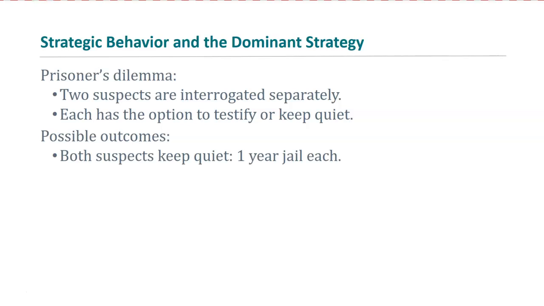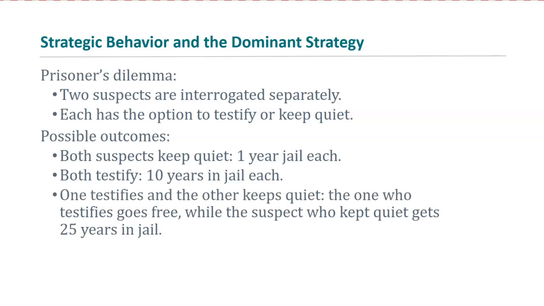And the possible outcomes are as follows. If everybody keeps quiet, then you each get 1 year in jail. If both of you testify, then assumedly against each other, you rat on the other one, then each of you gets 10 years in jail. But here's the kicker.